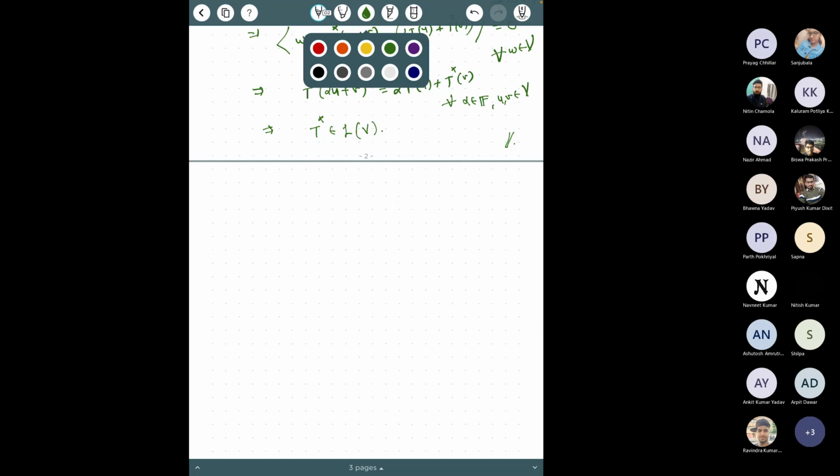So let me write this simple observation, which will be useful in proving what I just mentioned. If we have a finite dimensional inner product space, let's say V, and a linear operator on it, I'll write this as a result.